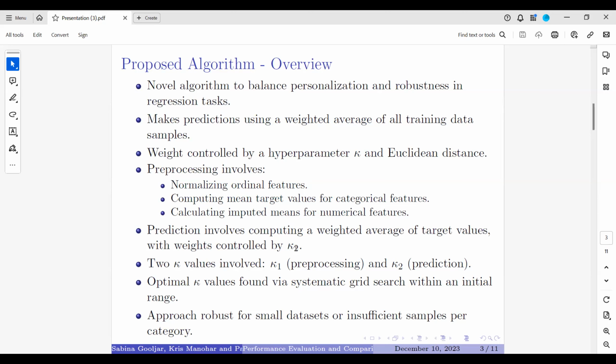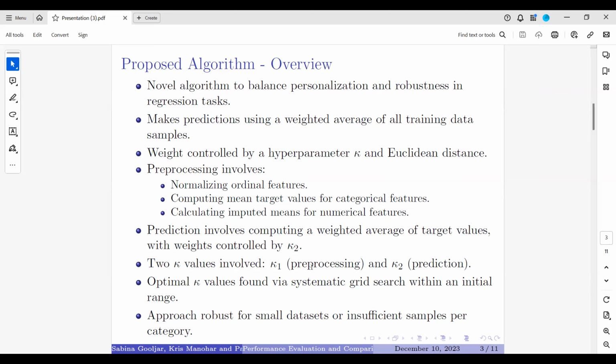For instance, a numerical feature like age may span a wide range, say from 18 to 68, which is 50 values. So sometimes you may not have enough samples; for female and male it's easy to calculate the mean, but for the numerical features, we imputed the means.